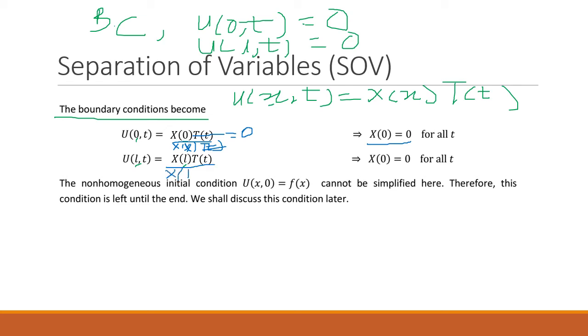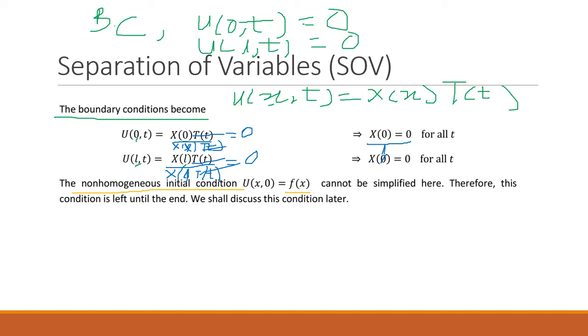Untuk yang ni pun sama juga. So, yang ni kita buat X(L)T(t) equal to 0. So, T ni kita boleh cancel. So, that's why dekat sini, okay, yang ni bukan 0, yang ni adalah L. So kat sini awak akan dapat X(L) equal to 0 for all T. Okay, kita apply separation of variable hanya untuk homogeneous boundary condition.